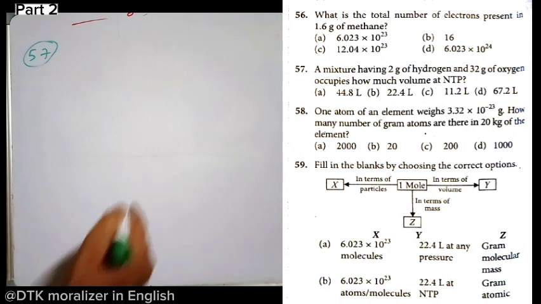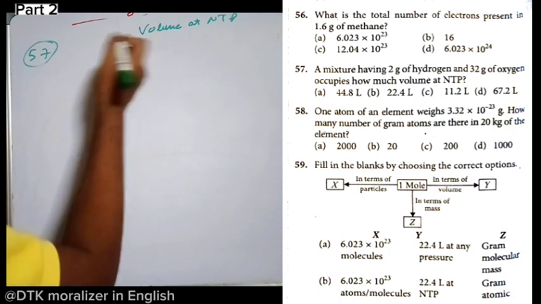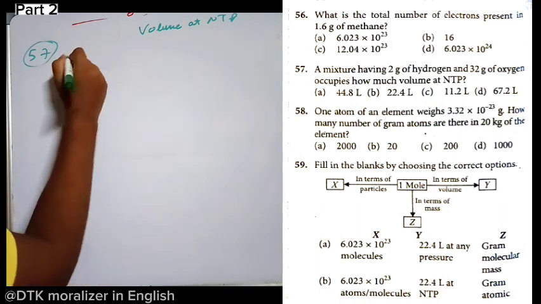Now question number 57. A mixture having 2 grams of hydrogen and 32 grams of oxygen occupies how much volume at NTP?